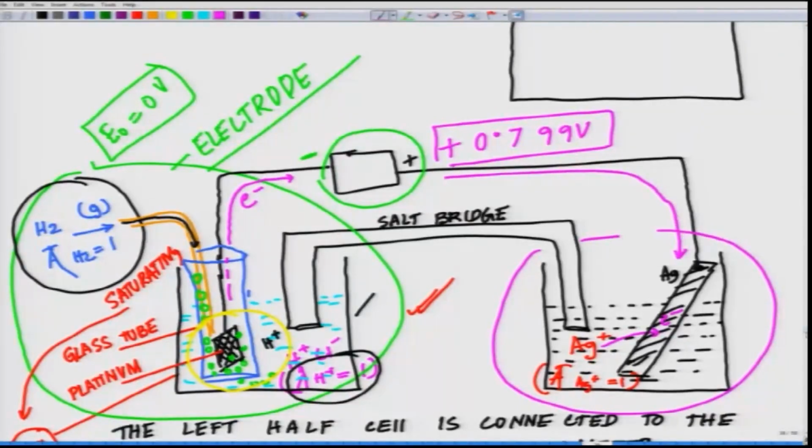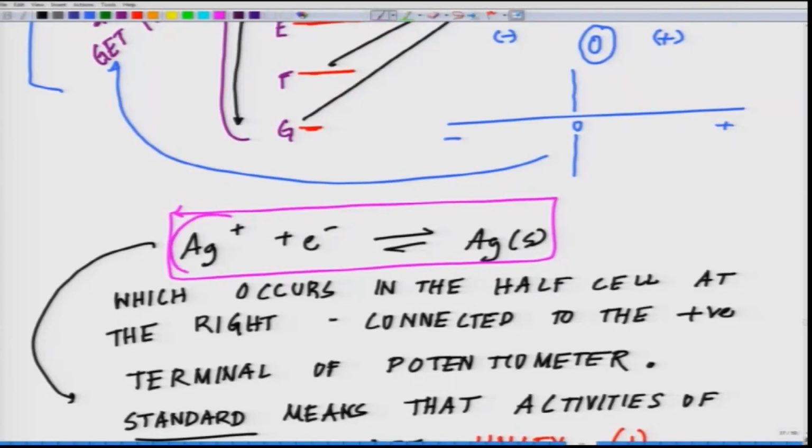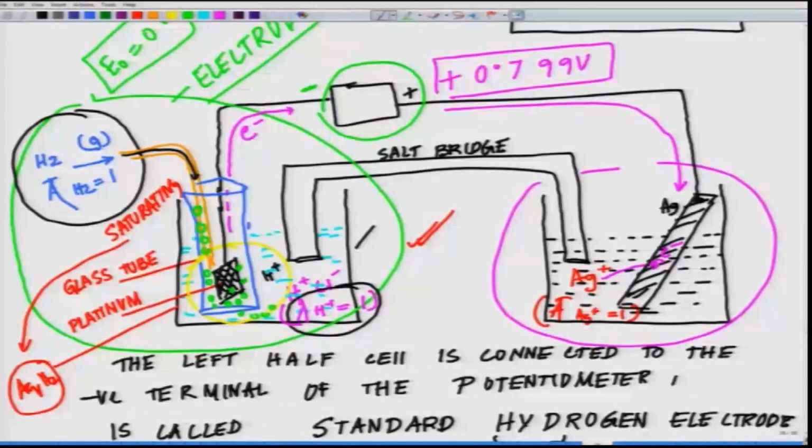So what was the reaction we started with? Our reaction was this one, where silver ions are traveling from the aqueous medium to the surface of the Ag metal, and out here this silver is obtaining an electron and becoming Ag.